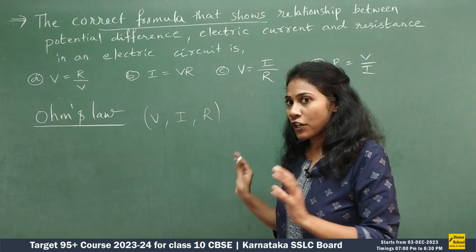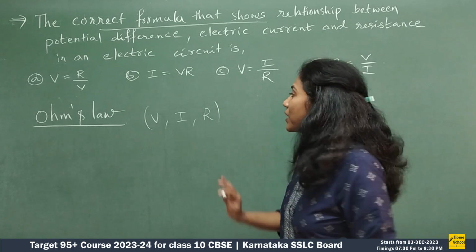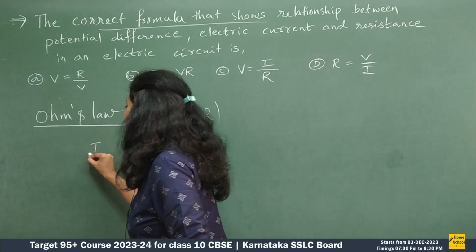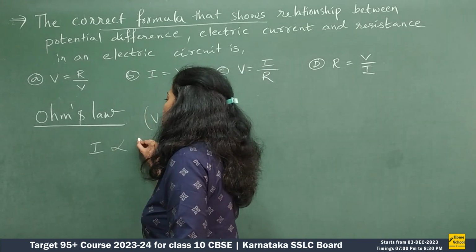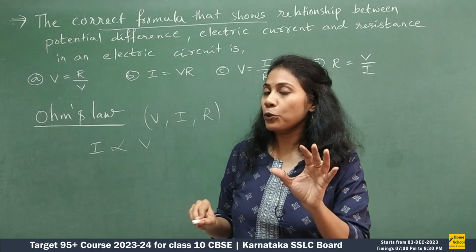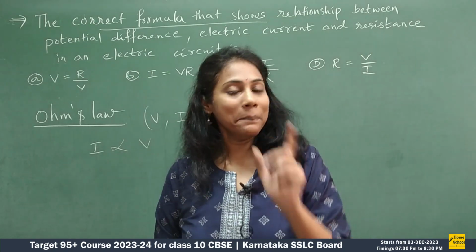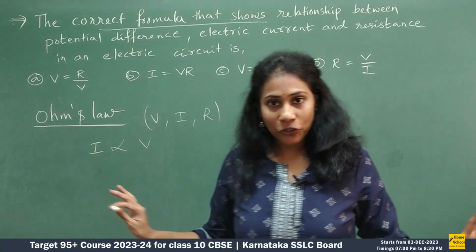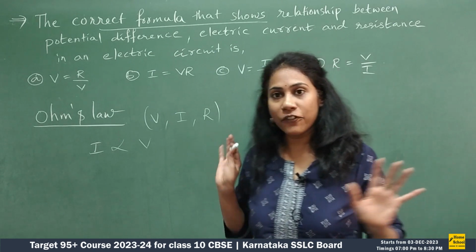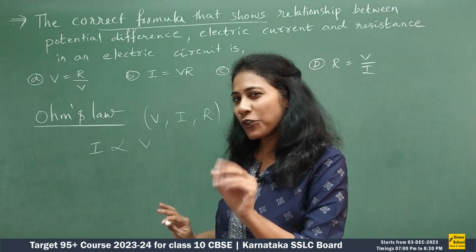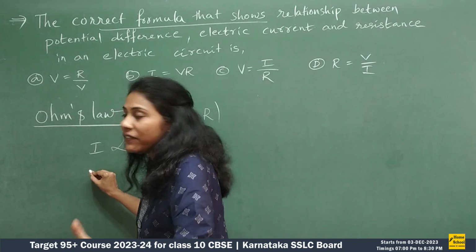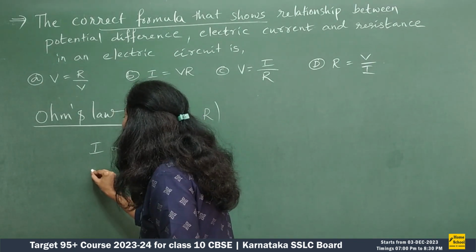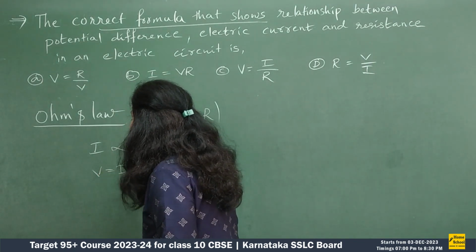So the definition of Ohm's law goes this way, right? The current passing through a conductor is directly proportional to voltage between the two points provided temperature is constant. I know, the definition is very easy for everyone. And if I ask you the mathematical form of Ohm's law, we write it as V is equal to IR.